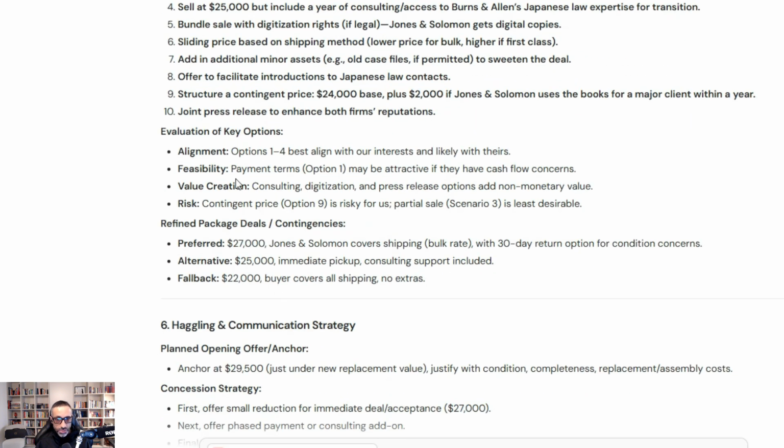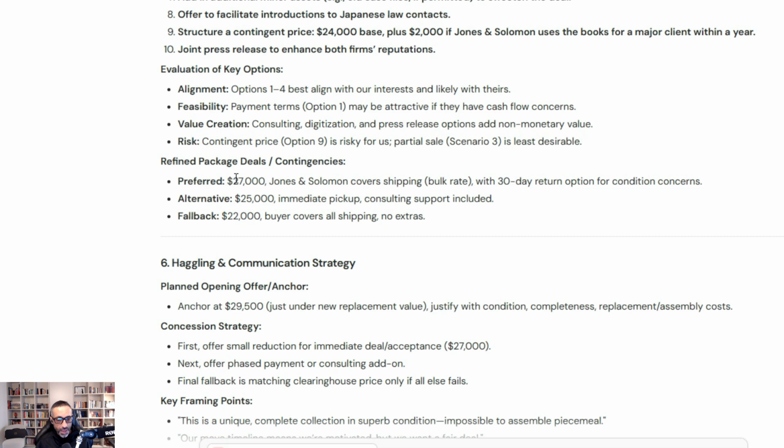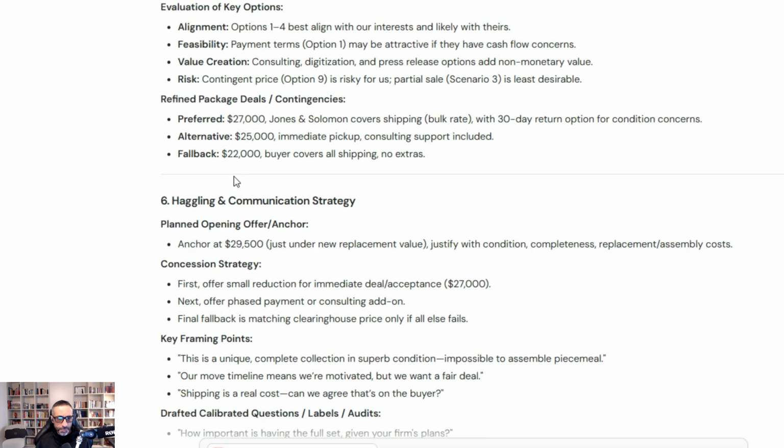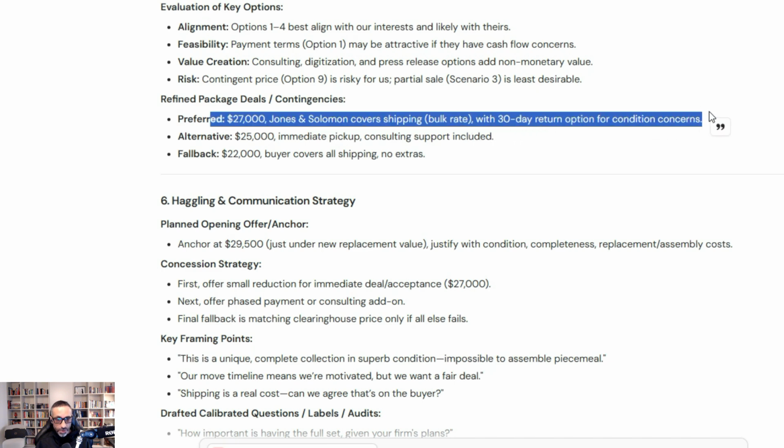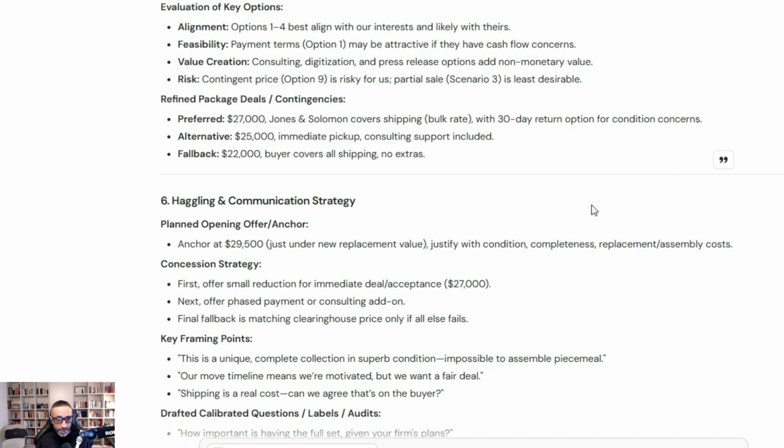Evaluation of the key options: feasibility, value creation, risk, and we have refined package deals and contingencies. So we have the preferred option, 27,000 where they cover shipping cost with a 30-day return option for condition concerns, alternatives, and a fallback.